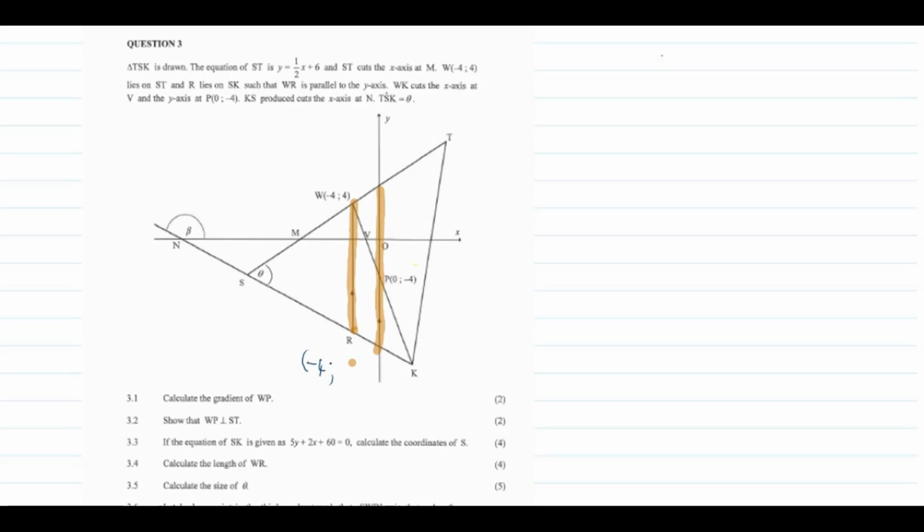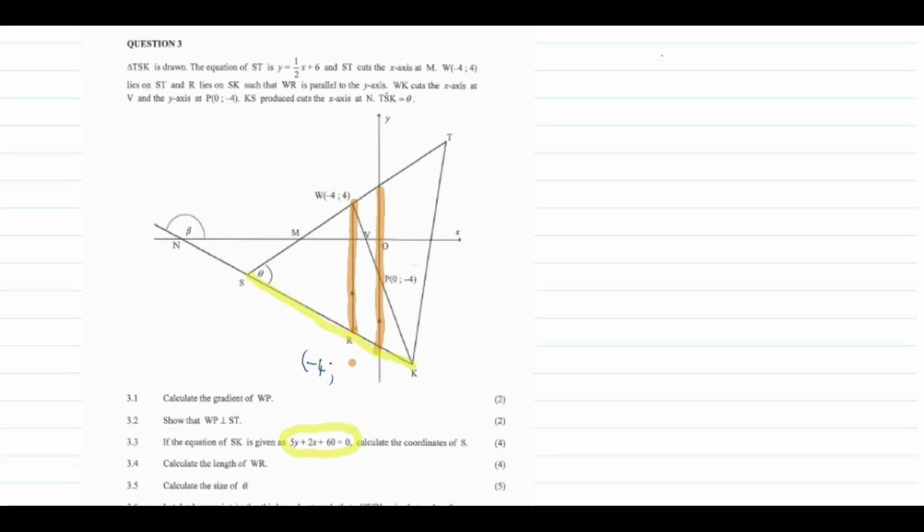Okay, but now how do we get the y coordinate of our R? We already have the equation of our line SK. Remember, guys, we were given the equation of our line SK, and we put it in the standard form of y is equal to mx plus c, right? So we already know this equation, and now this question is pretty simple.